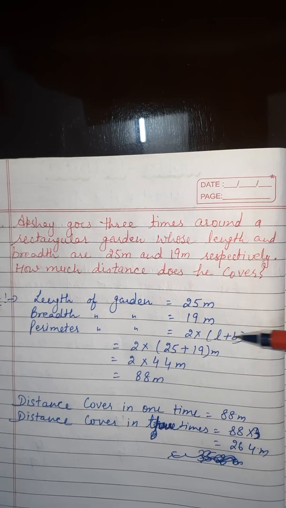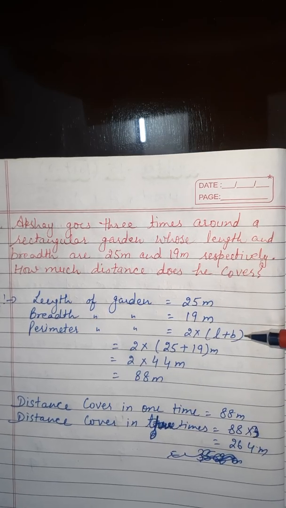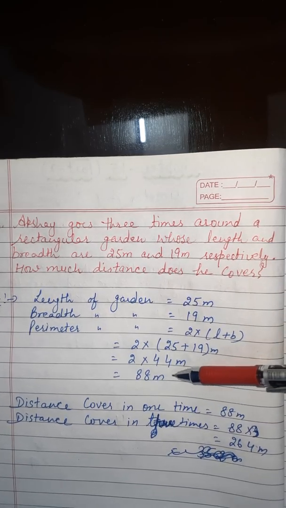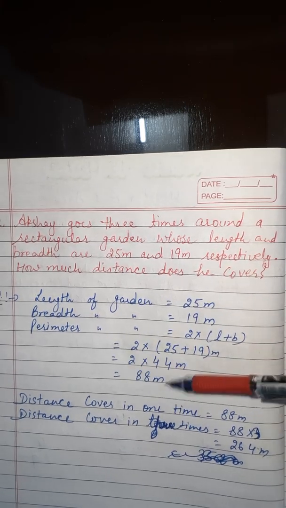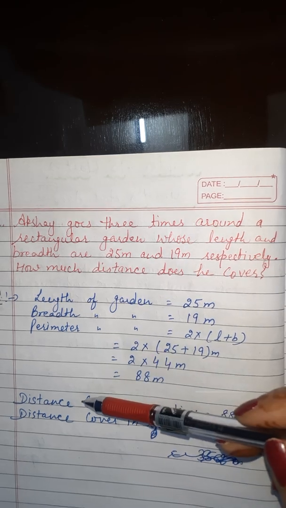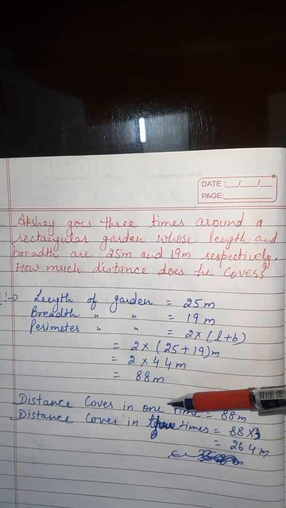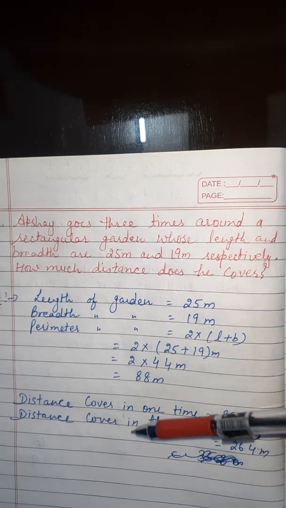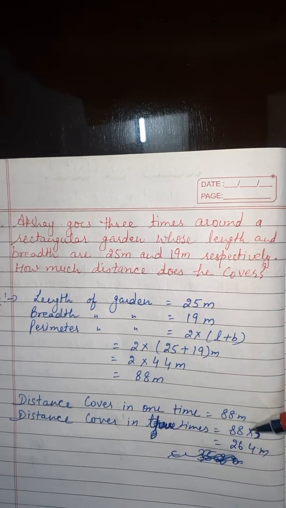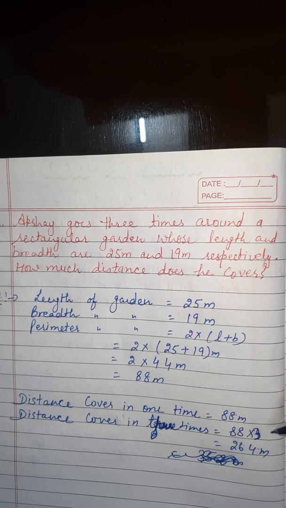Put the values of length and breadth in this formula and calculate the distance covered by Akshay. Here the perimeter is 88 meter. It means Akshay covered 88 meter in one round, and the distance covered in 3 rounds will be 88 multiplied by 3, that is 264 meter.